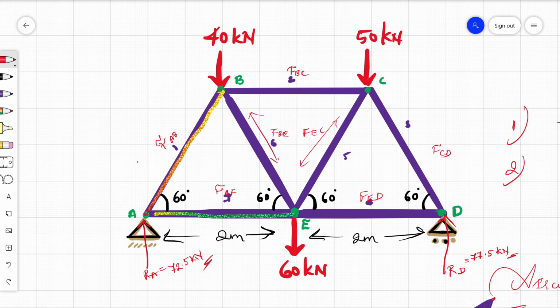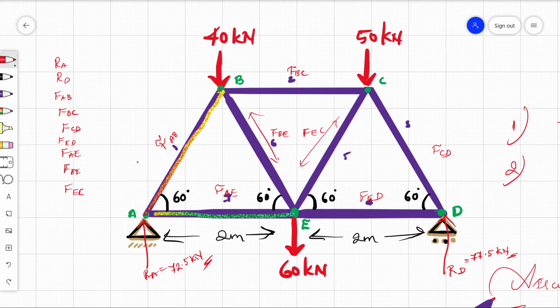So we need to find RA, RD, FAB value, FBC value, FCD value, FED value, FAE value, and FBE value, everything in F, and the FEC value.